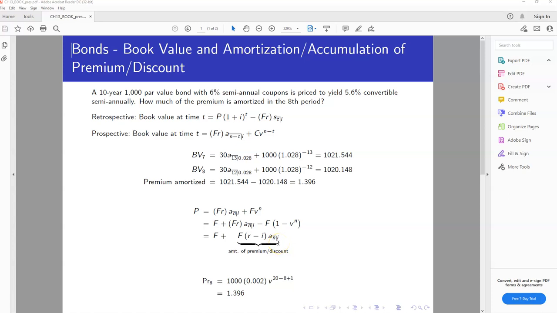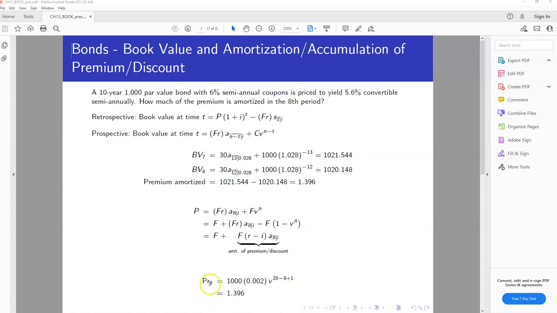So we can compute the amortization of, say, the principal, if you will, using the same formula that we did back when we did the amortization for loans. Remember, that was the payment amount times v to the n minus t plus 1.